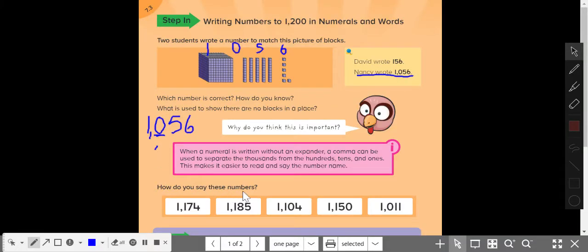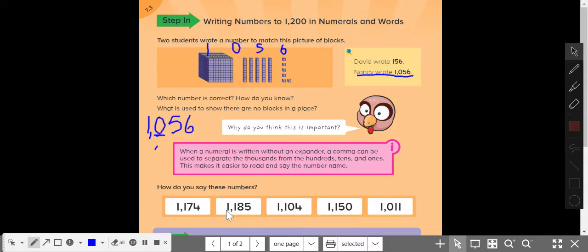How do you say these numbers? Try this one. 1174. Say it with me. 1174. What about this number? 1185.